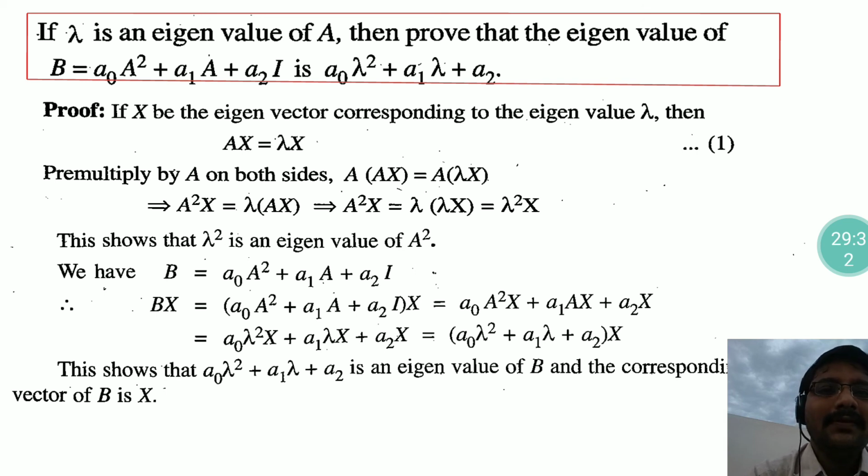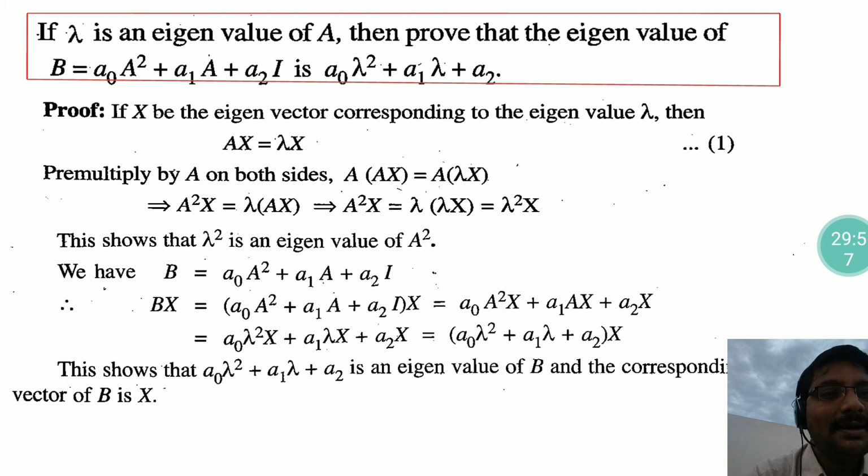Now to get the given expression, first we pre-multiply by A on both sides. So we will have A into Ax equal to A into lambda x. That is A square x equal to lambda into Ax. But Ax is lambda x. So replacing Ax by lambda x, we will have A square x is lambda square x.